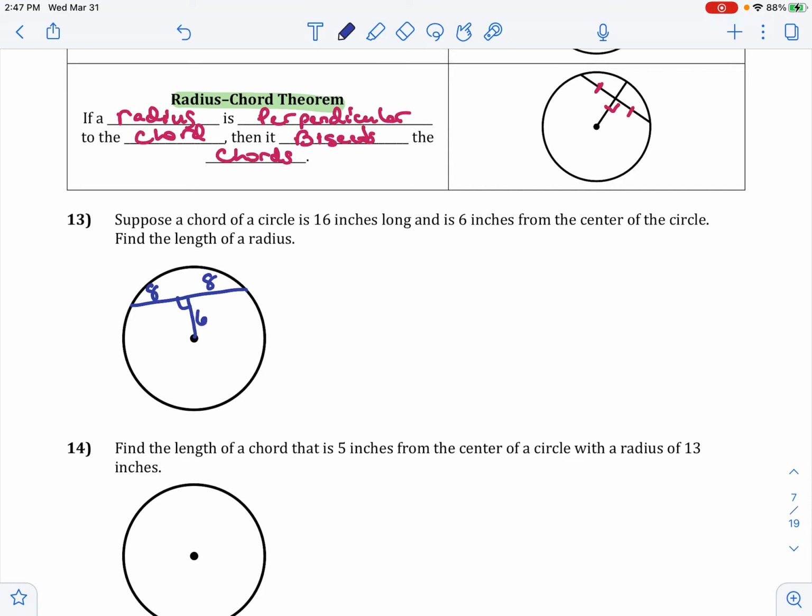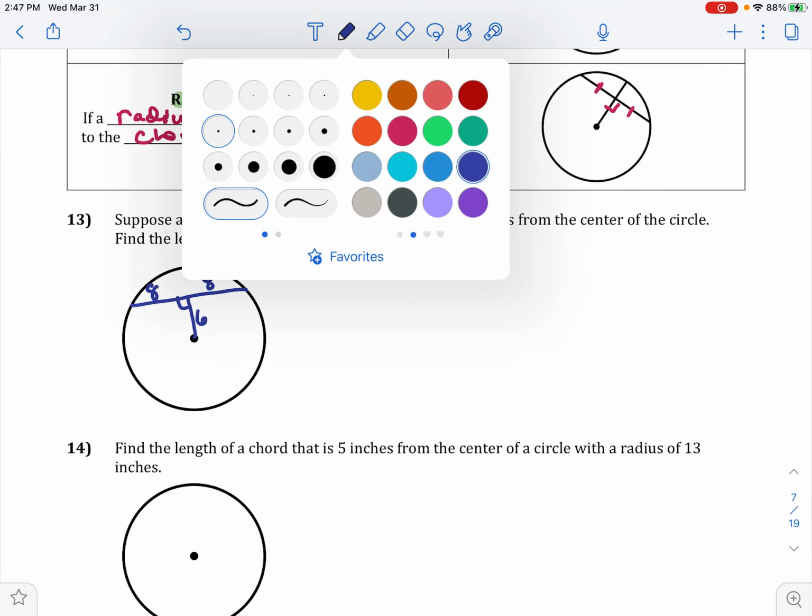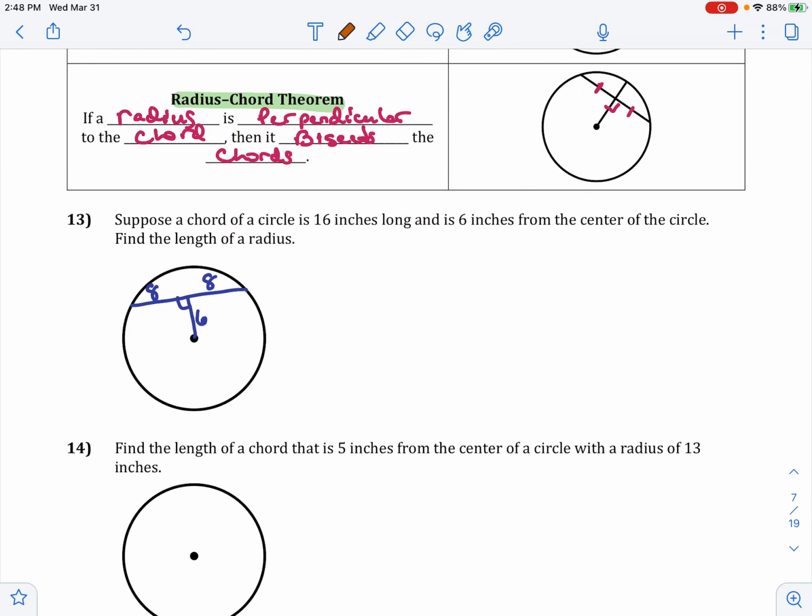So that's the given information. We've got a chord that's 16 inches long. It's 6 inches from the center. That distance divided the chord into two equal pieces. And the question is, find the length of a radius. So we need to find the radius, which I'm going to draw right here. That's going to make a really nice right triangle on either side, which means, if I let that be x, I can set up the Pythagorean theorem since that's a right angle.